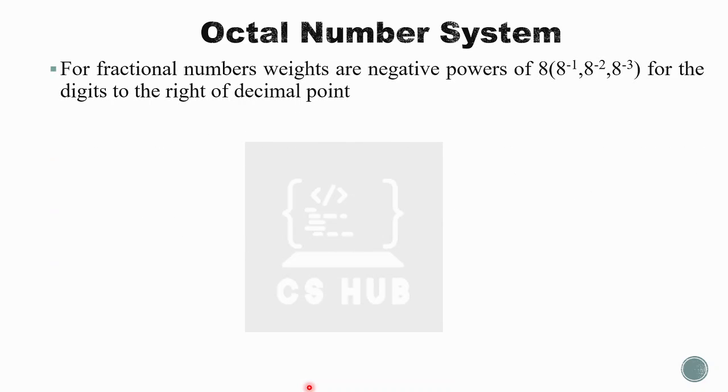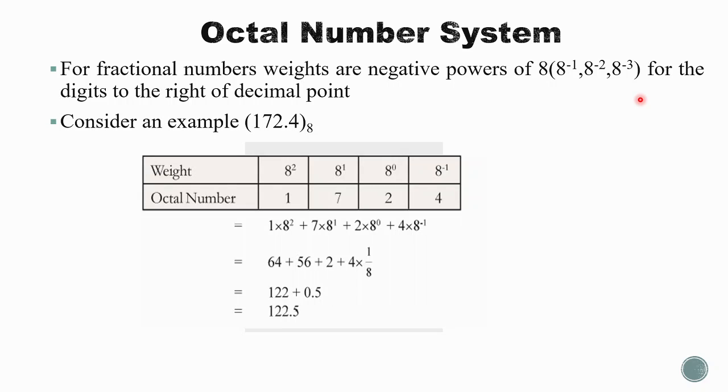Then about fractional numbers. To the right of the decimal point, the powers will be negative powers, so here we use negative powers of 8: 8 raised to minus 1, 8 raised to minus 2, etc. Consider an example 172.4. Please note that in an octal number, the highest digit should be 7.